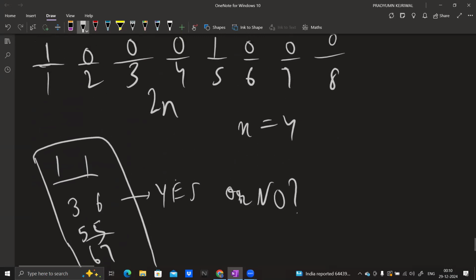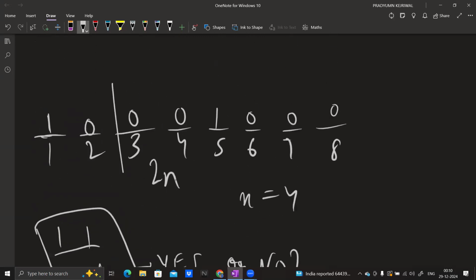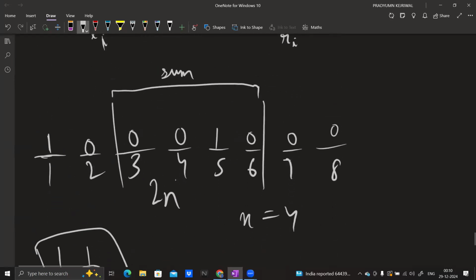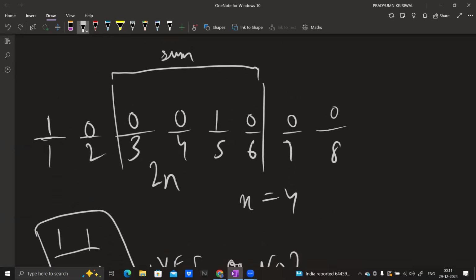Then what do I check? I'll just check, in this range of 3 to 6, what is the number of ones. If that is 4, then the answer is no. If it is not 4, then the answer is yes. You just need to compute the sum of this range, and you can do that using prefix sum.